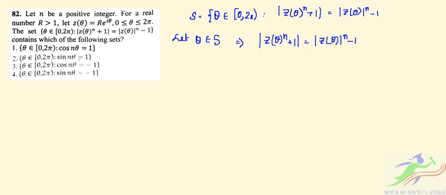Now if we put the value of z(theta) on both sides, we will get mod of (r e to the power i theta) to the power n plus 1 on the left, and similarly mod of (r e to the power i theta) to the power n minus 1 on the right.